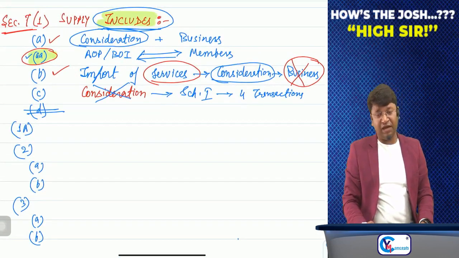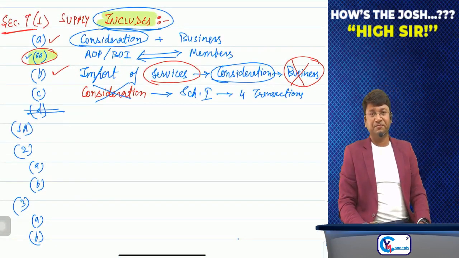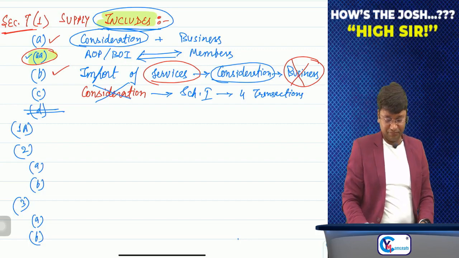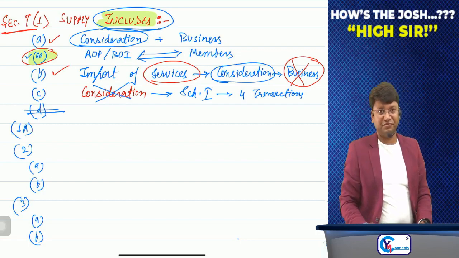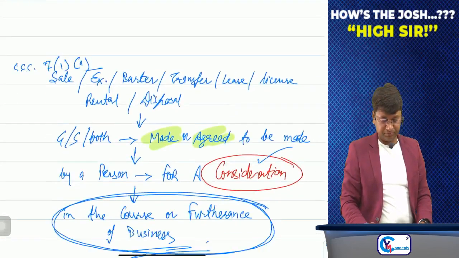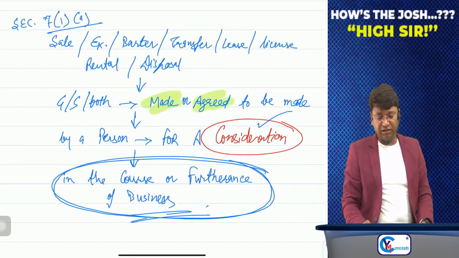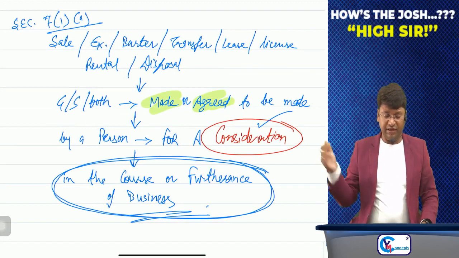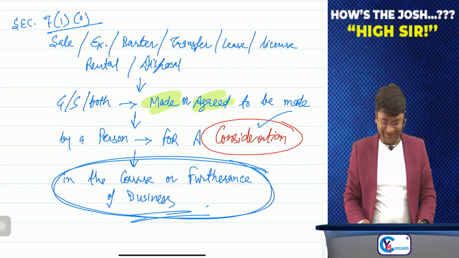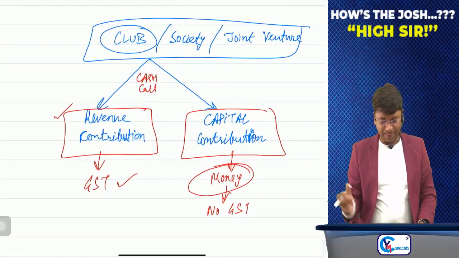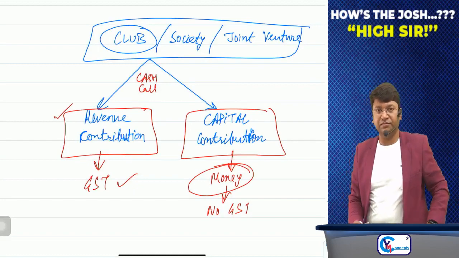Then this is the term supply which we have just begun with, and very important term. Okay, then this is the explanation of section number 7(1)(a) in our own writing. You can copy it. And then this is the example of that circular.